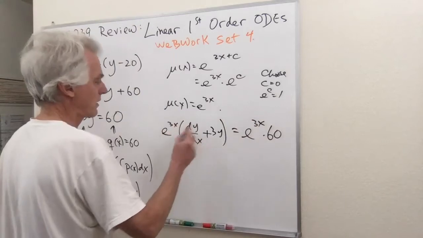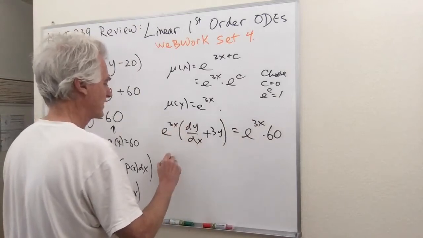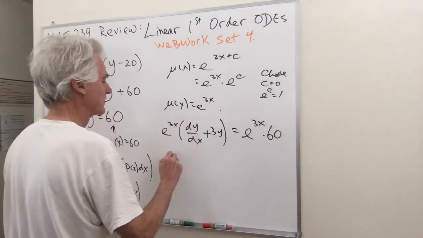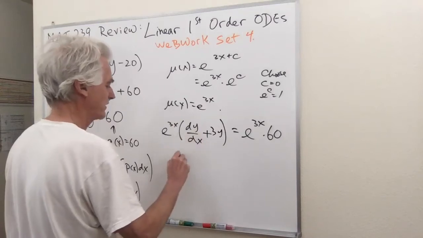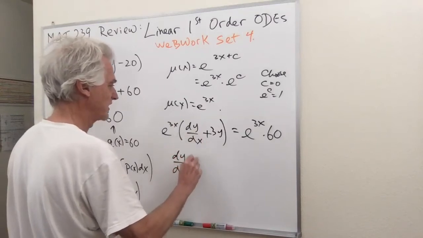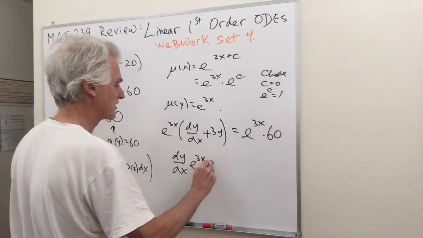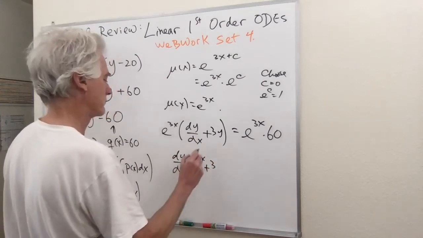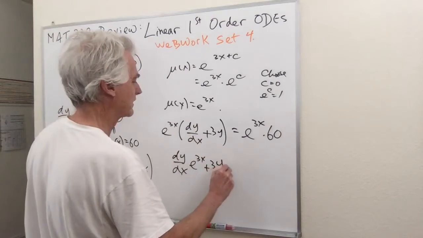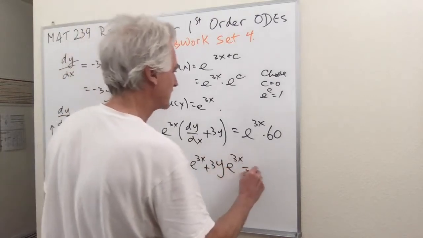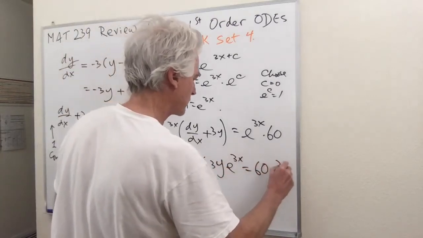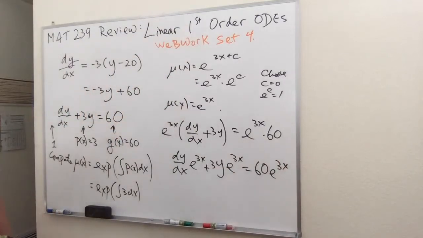Let's do it this way: dy/dx times e to the 3x plus 3y e to the 3x is equal to 60 e to the 3x.